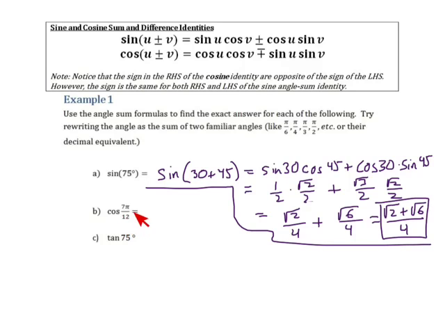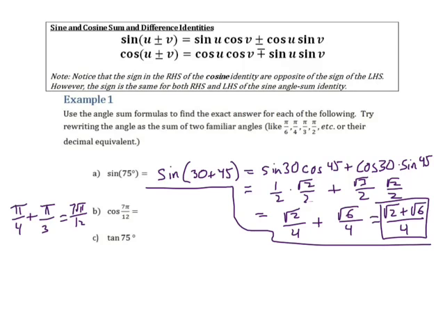Well, how about the cosine of 7 pi over 12? We think through our angles here, and notice that 3 times 4 is 12, so that's kind of a clue. And if we check it out, pi over 4 plus pi over 3 is going to equal 7 pi over 12. And so those are our angles.